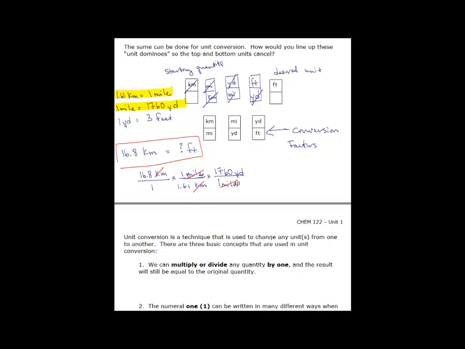Now I have one more conversion to make, and it involves yards to feet. So I need to get yards on the bottom. 1 yard is 3 feet. So this is all my work for converting 16.8 kilometers to feet.